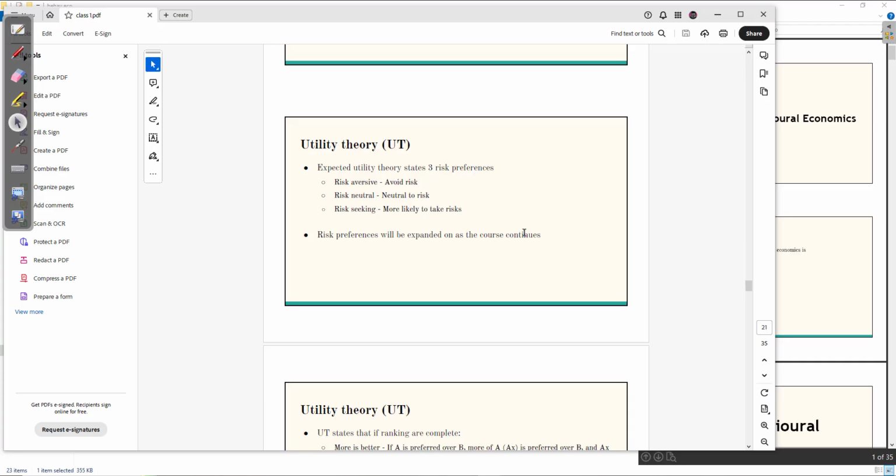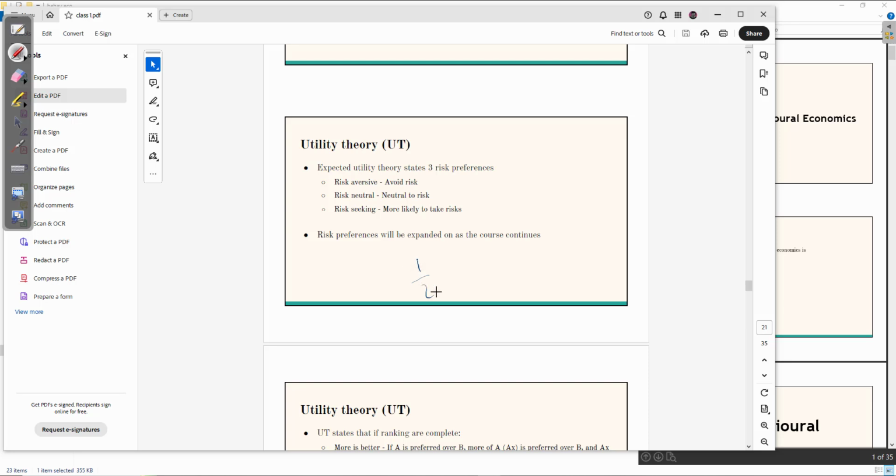Now, talking again about the different curves, preferences and everything. What is expected utility? Expected utility is basically the expected gains.